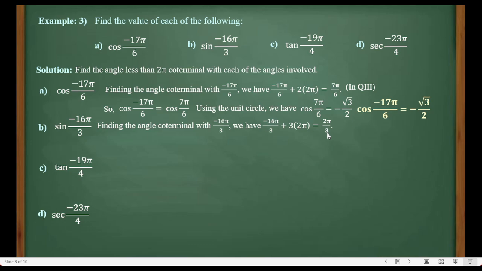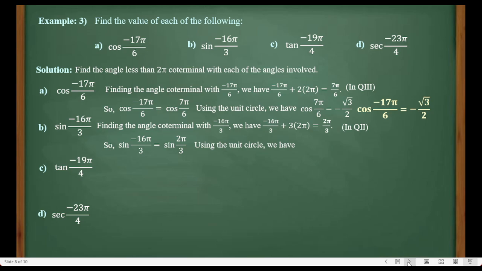That is 2 pi over 3, which lies in quadrant 2. Therefore, the given in letter B is the same as sine of 2 pi over 3.